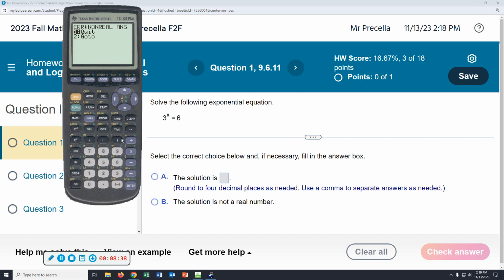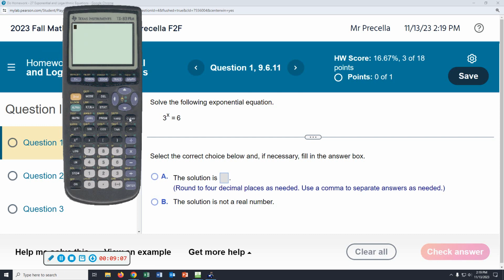If you continue taking a lot more math classes, you'll see eventually that the log of a negative is one of those imaginary numbers. But we're not going to get into that. So, for our purposes, if you get one of those error messages, then that's telling you the solution is not a real number, or else it means you may have done something wrong, or maybe you punched it in wrong.